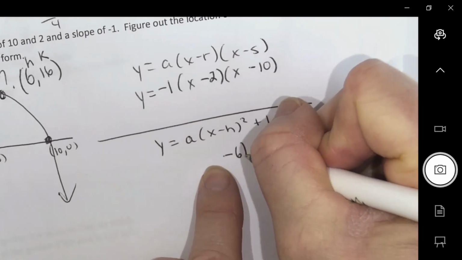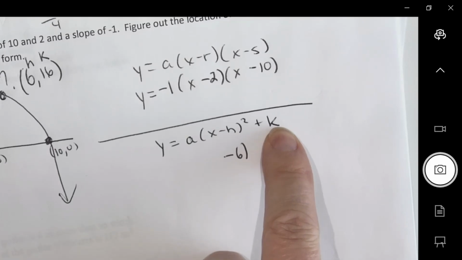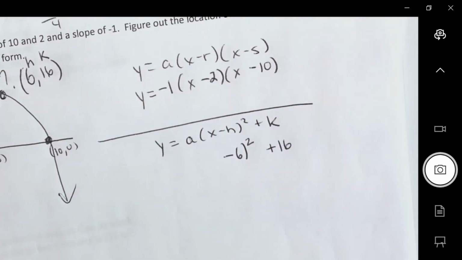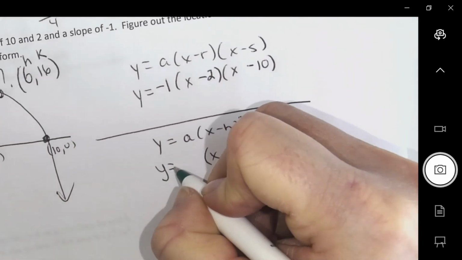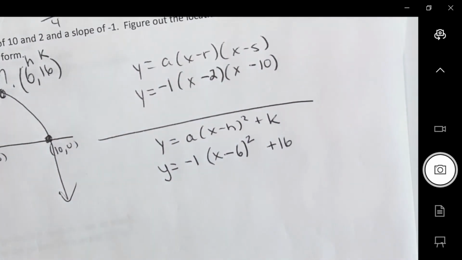So minus 6 will go into that spot. And K is a plus, so I write plus 16. I leave X, I leave Y, and we already knew the slope is still the same. It doesn't matter if you change the form, your slope is always going to be the same.